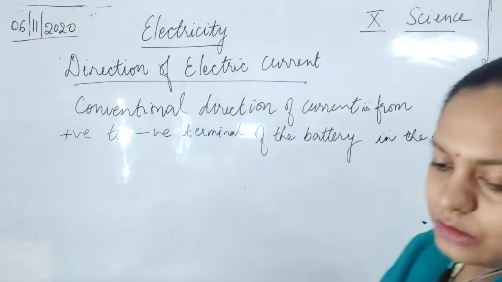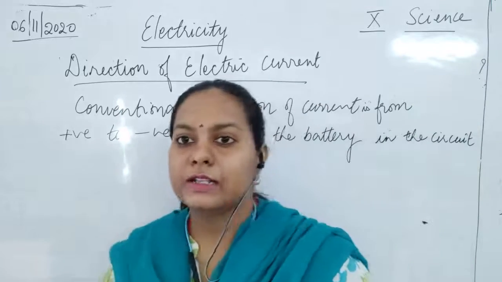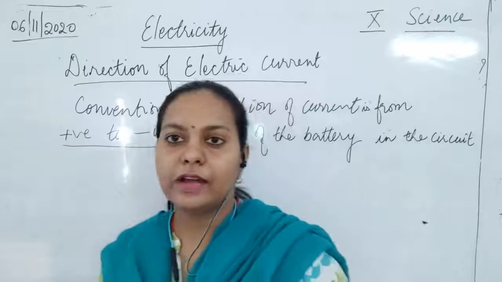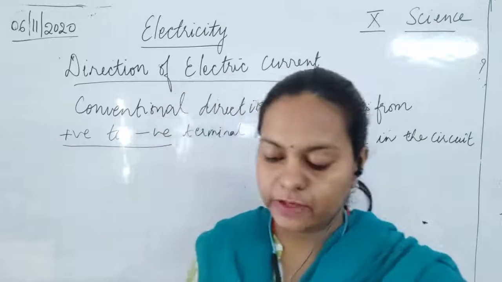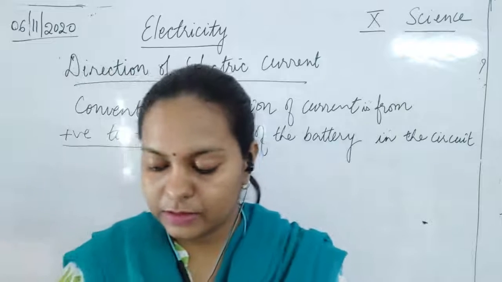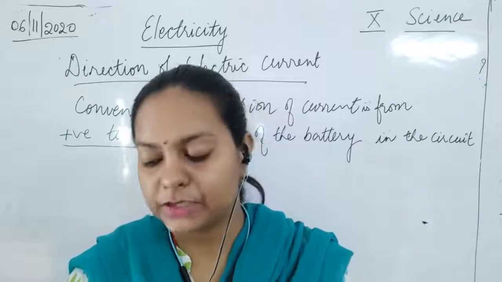Please remember, the electric current always flows from the positive terminal to the negative terminal across a battery.